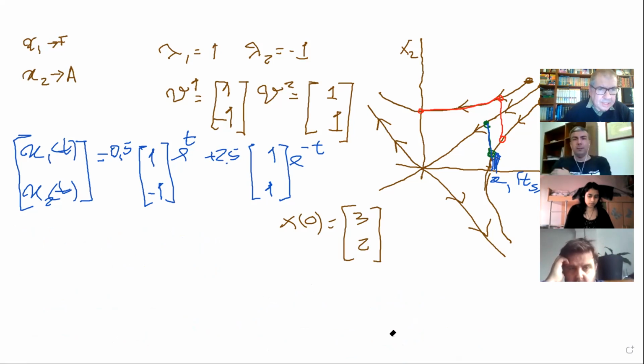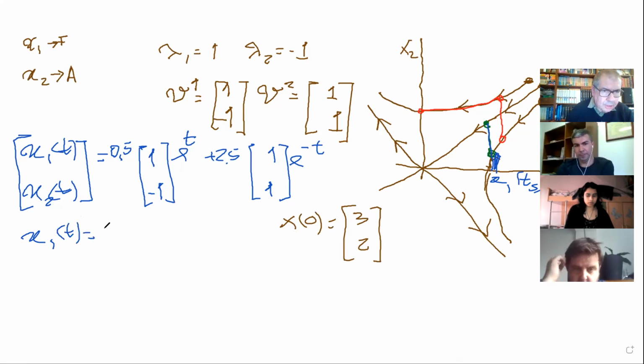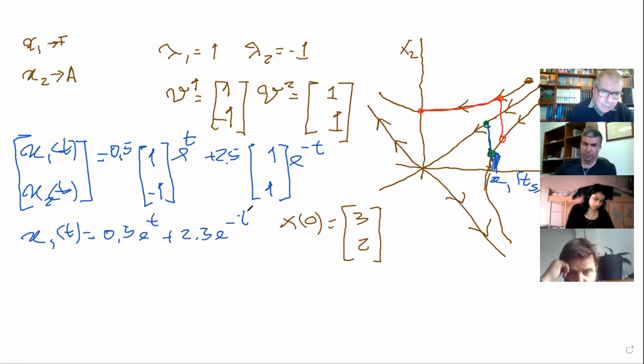Now x1 of t is 0.5 exponential of t plus 2.5 exponential of minus t, and x2 of t is minus 0.5 exponential of t plus 2.5 exponential of minus t.